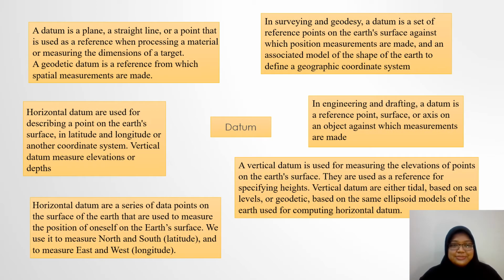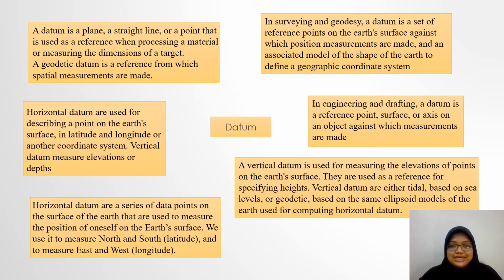Lastly is datum. A datum is a plane, a straight line, or a point that is used as a reference when processing a material or measuring the dimension of a target. A geodetic datum is a reference from which spatial measurements are made.